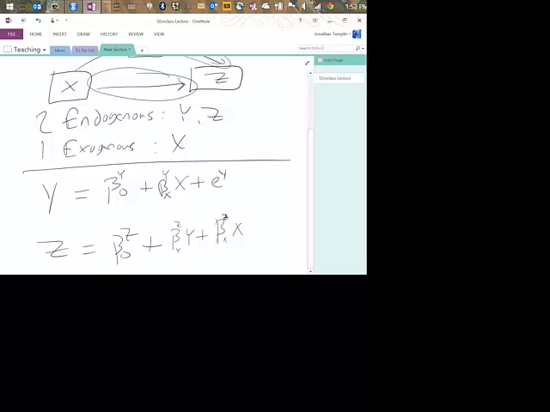And you'll note this is why I am trying to differentiate all these subscripts and superscripts. X, our exogenous variable, shows up on the line for z and the line for y, so each beta in front of it has to be different. If I called this one beta 1 and I called this one beta 1, from a mathematical point of view what you're saying is the slopes for these two are equal.